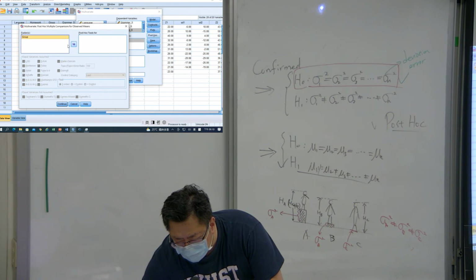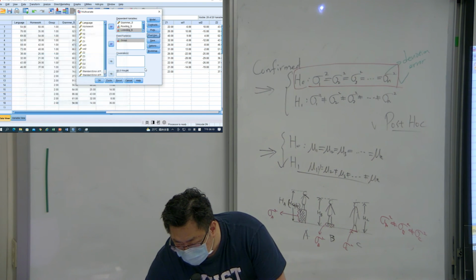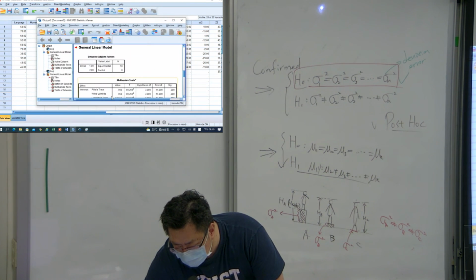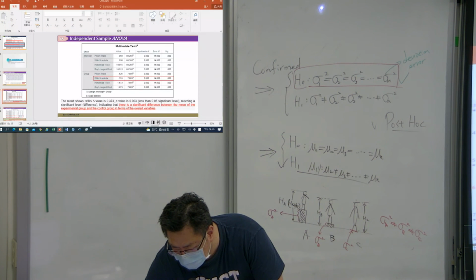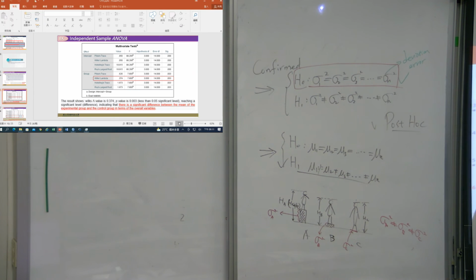But here we don't need it, because there are only two groups. So we just press OK, and I will explain what it means. Seeing here, first we get the multivariate tests, and then we get the Wilks' lambda.